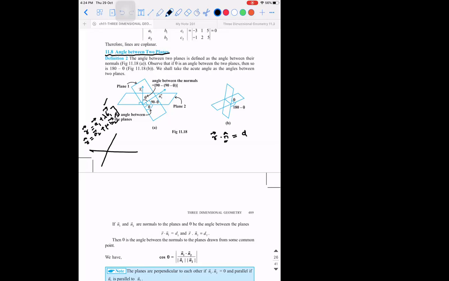Whereas when you write a line, you are able to know the direction ratios of the line itself because b1 is parallel to the line, but n cap is perpendicular to the plane. So try to understand this difference. I'm just doing a comparative study. When they ask you to calculate the angle between lines, you will directly calculate it between their parallel vectors. Whereas when they ask you about the angle between the planes, then you need to find the angle between their respective normals.